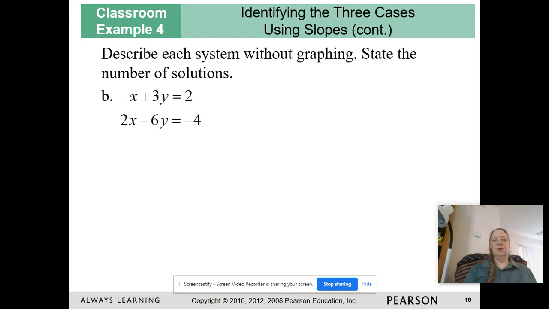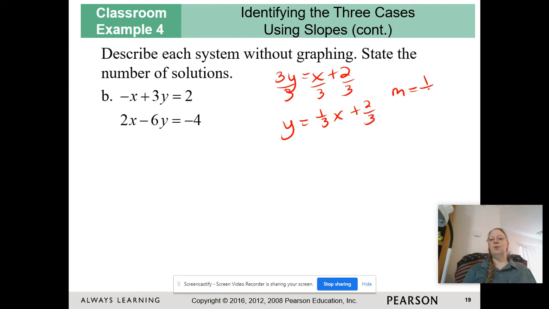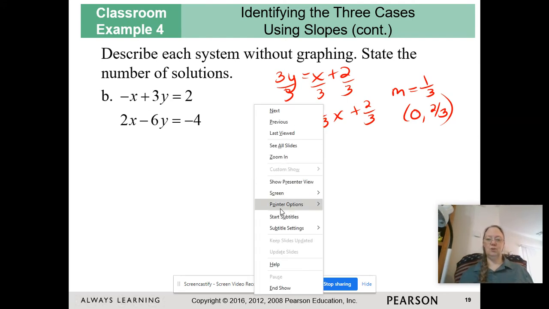Same thing. I'm going to add x, divide by 3. So my slope is 1/3, and my y-intercept, 0, 2/3. Let's change the color of the ink.